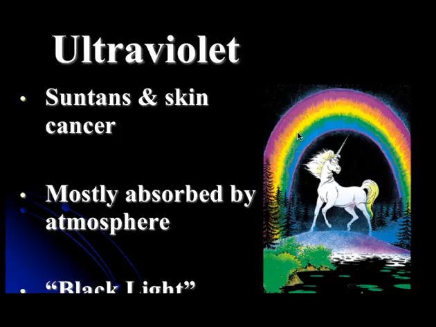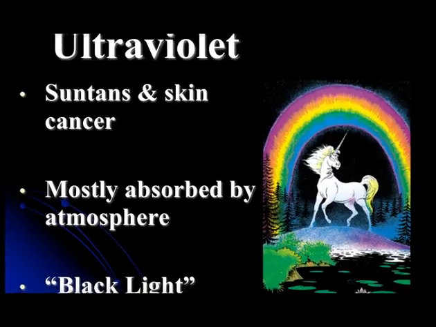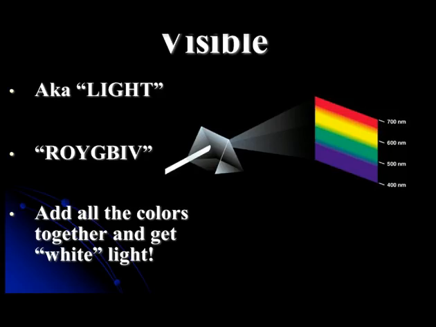So you would have this light in a room that was dark, and then you would have these posters that would glow in the dark. Ultraviolet is not something that we can see, but we can get skin cancer from it, obviously. So it is mostly absorbed by the atmosphere as well, but not all of it.